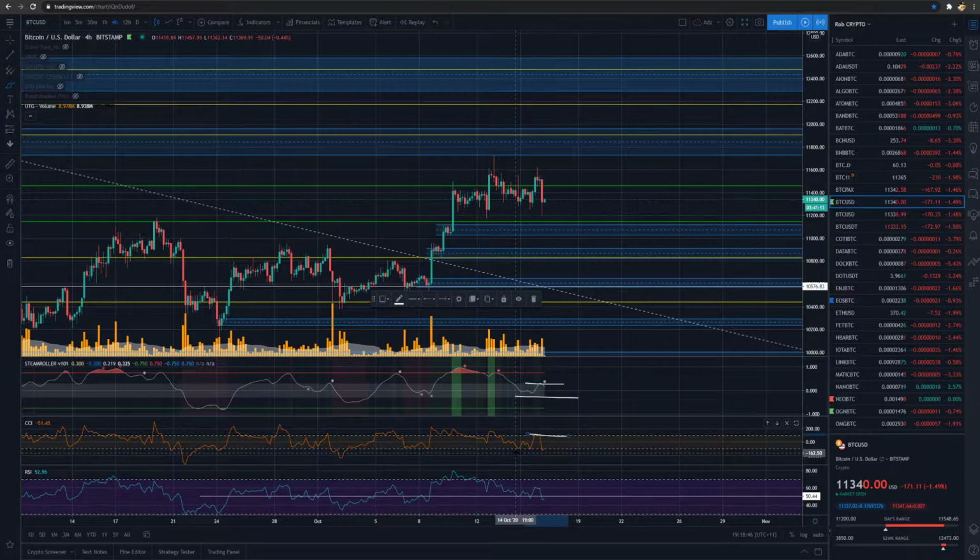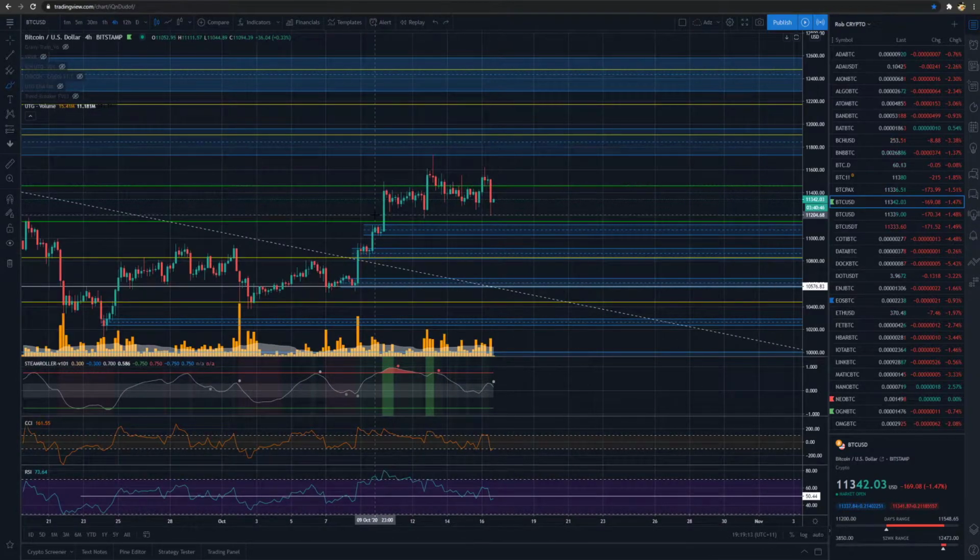We are looking at CCI doing very roughly the same thing, where we've just bounced off that center band, center channel, and looking at RSI, we are trending right now at 47.71 RSI. That's under the median 50 level, and we all know what happens when we do start to trend underneath that median 50. Unless we get a swift recovery over the next couple of hours into the weekend, we could probably expect this to continue down towards our level of demand.